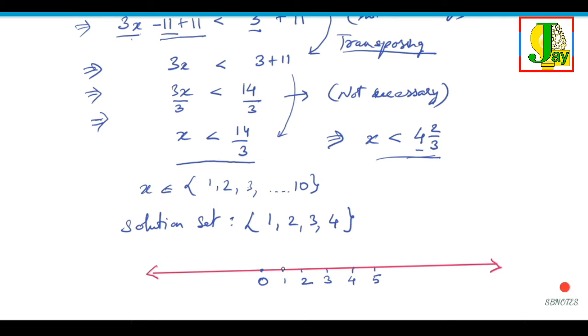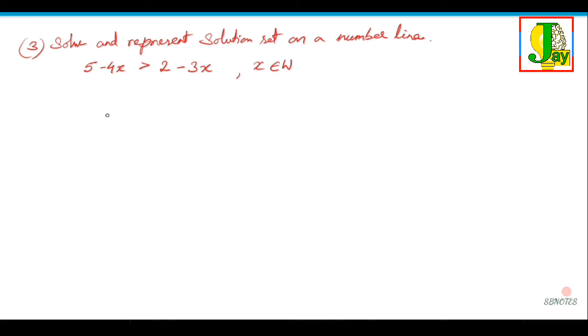Since these are not real numbers and are integers, we will make them dark circles: 2, 3 and 4. So that's what you have to do. That's all. Okay, in this question, represent the solution set on a number line.